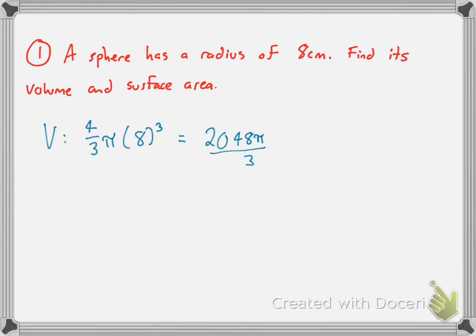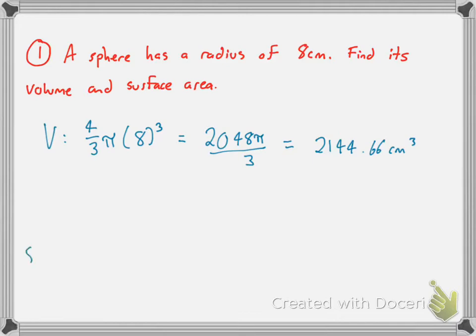If I want to leave it in terms of pi, I'd be done there. But if I wanted to leave it as a decimal, this would be about 2144.66 centimeters cubed. And I say centimeters cubed because I'm dealing with volume, so that's cubic units.